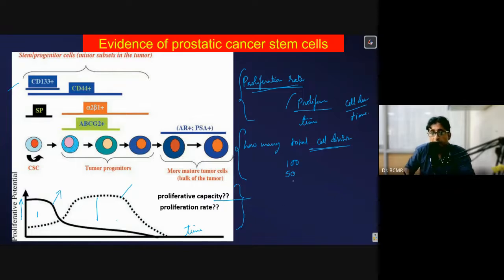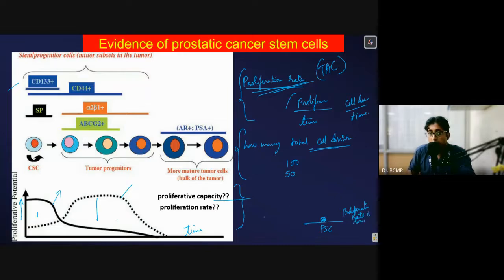That means they have a high proliferation rate. Stem cells, the one that is present, PSA or any other general stem cells, their proliferation rate is low. Rate is low.